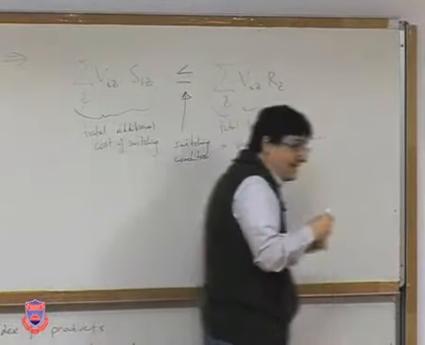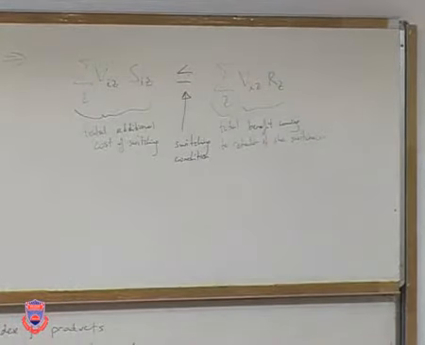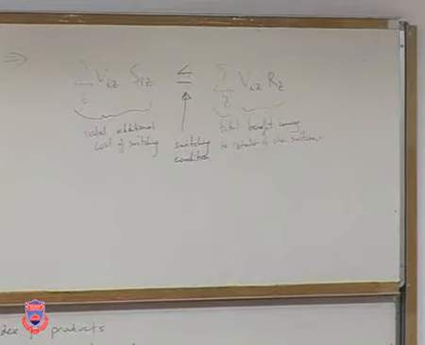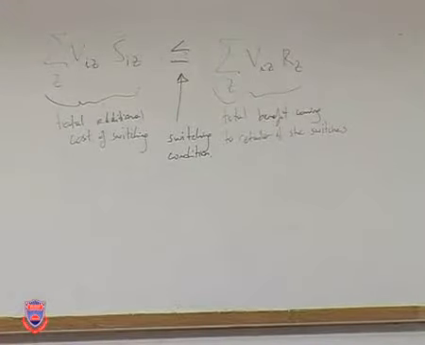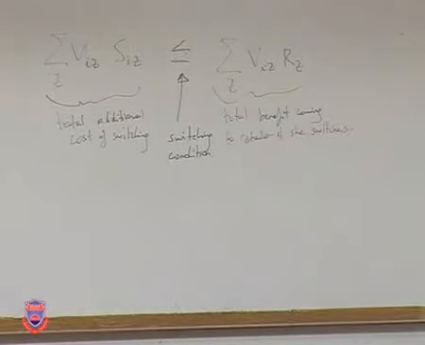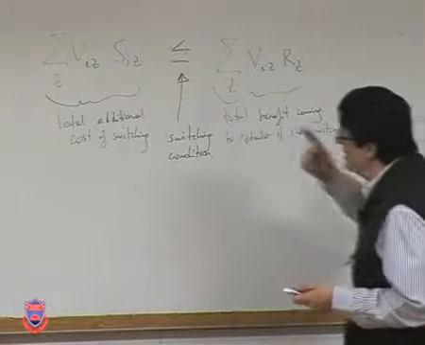Now you can see that if you give more rebate, the retailer is going to be more willing to switch. I mean, you can see it from here. If R sub z for all z increases, then this right-hand side is going to be larger.